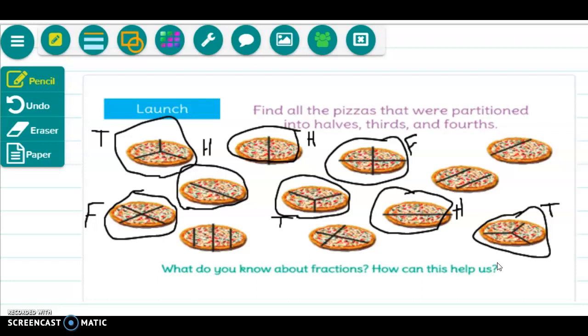And I know this because each part is equal. Remember, when you partition correctly, it has to be equal shares. So as you can see, the ones that I've circled all have equal shares. This, for example, is definitely not partitioned correctly, nor is this. So we know something is partitioned correctly when it has equal shares.